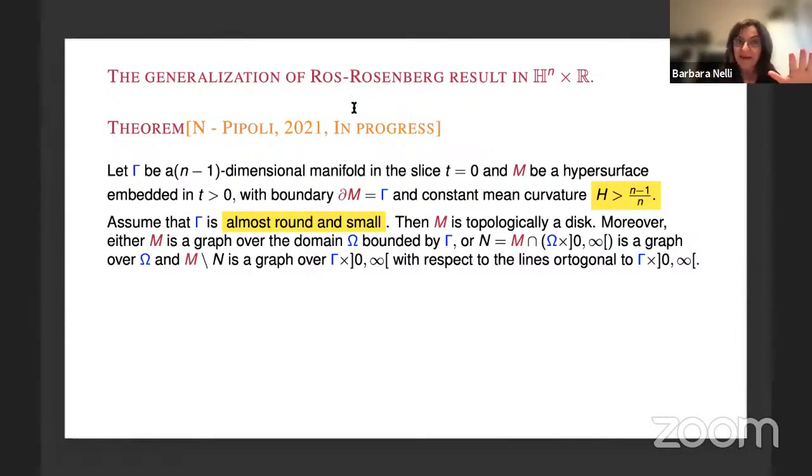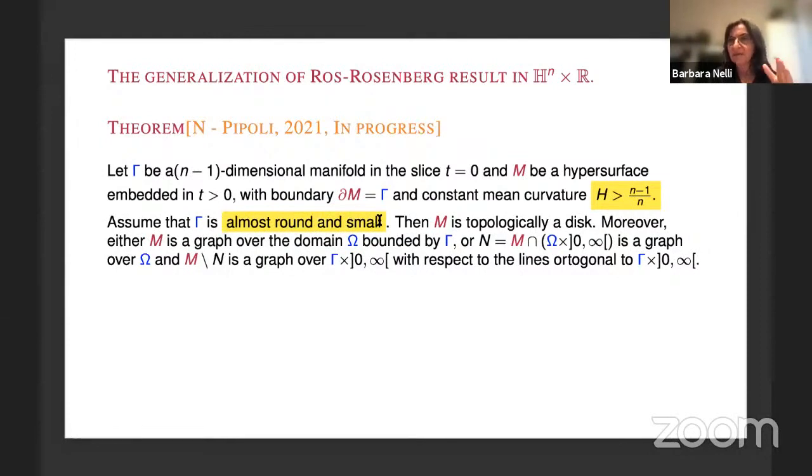So let gamma, I state it in any dimension, but then I will do a sketch of the proof only in 2 dimensions, I mean, in H^2 cross R, but it's the same. So let gamma be an n minus 1 dimensional manifold in the slice t equals 0, and M a hypersurface embedded in the upper half space, with boundary gamma and constant mean curvature H larger than n minus 1 over n. Assume that gamma is almost rounded small.